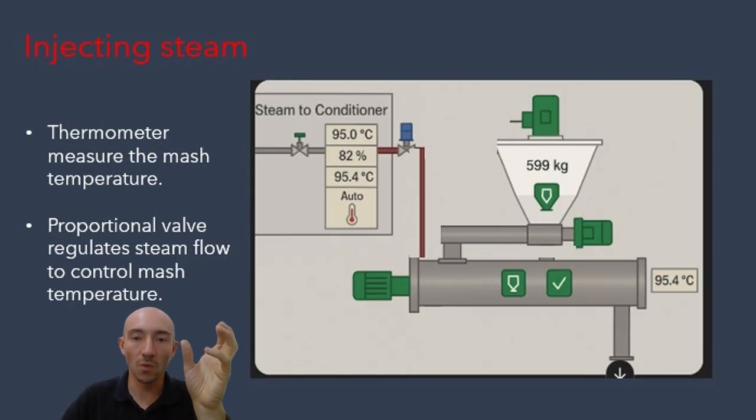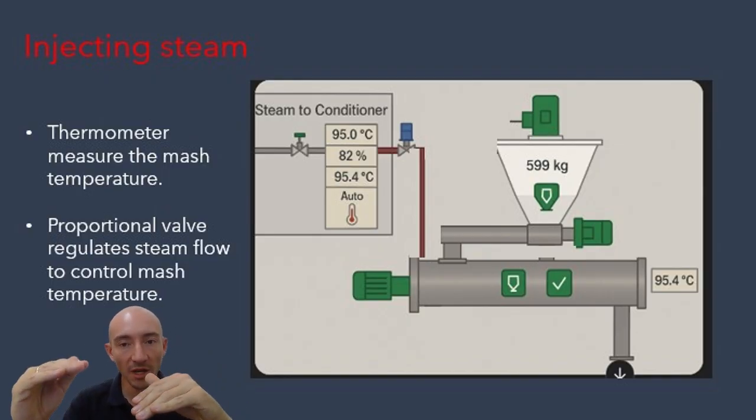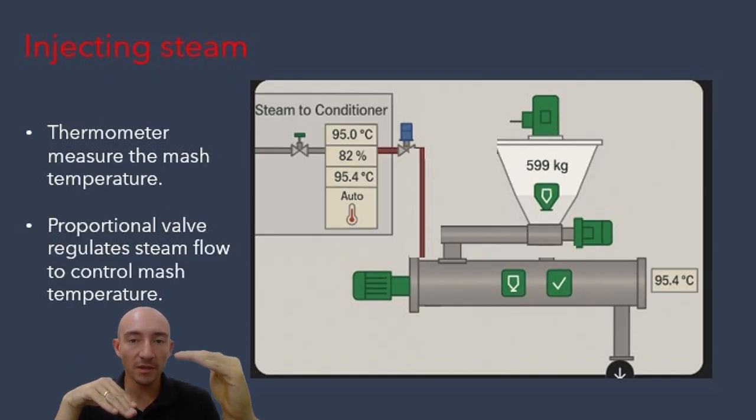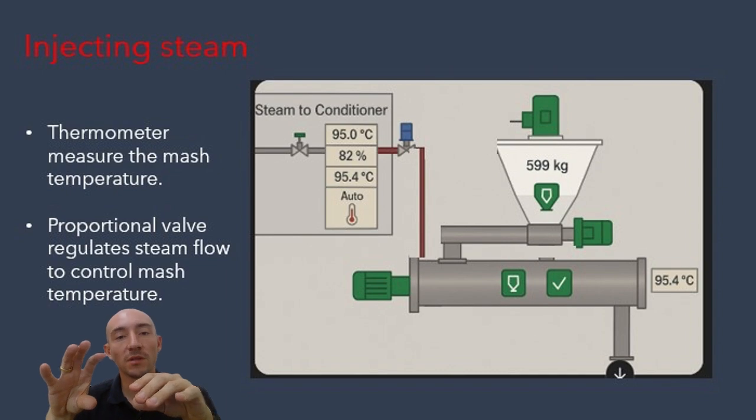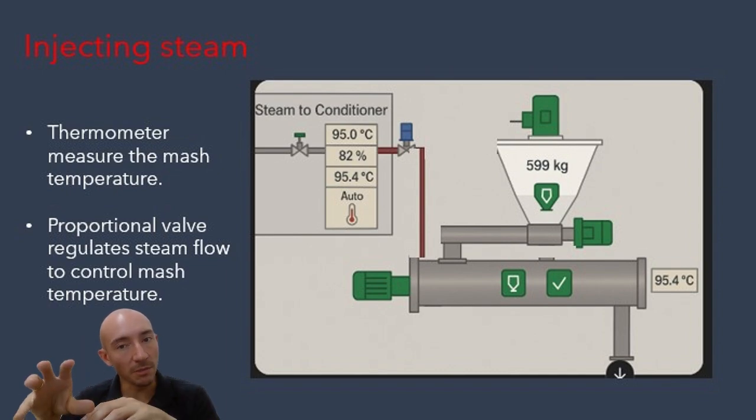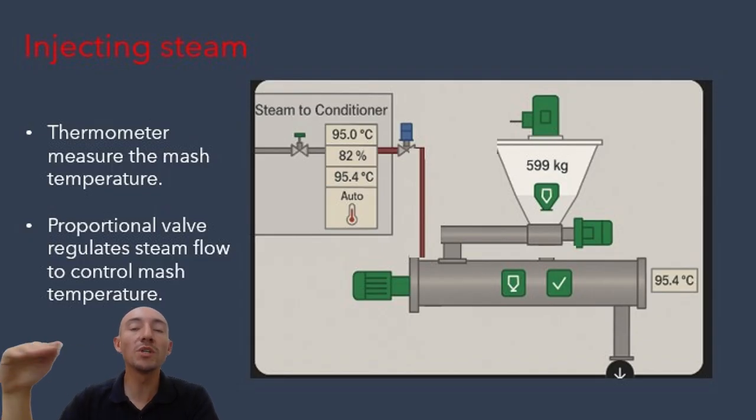So the system will automatically close the valve just a bit to reach the 95. As temperature goes down, when it goes below the 95, system opens the valve just a bit more, just to reach the temperature target, right? So we'll continue doing like that. And that will guarantee stability in our process.